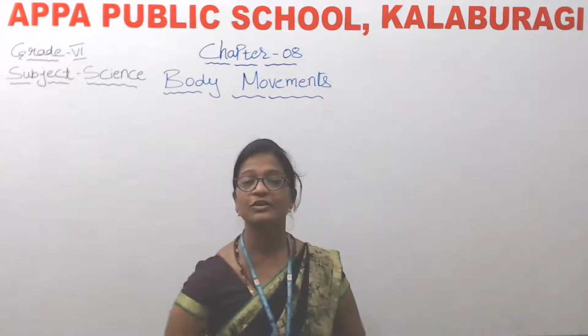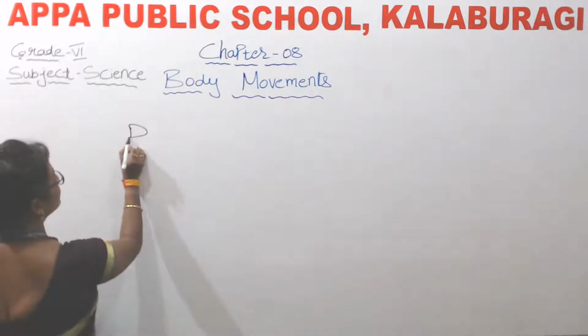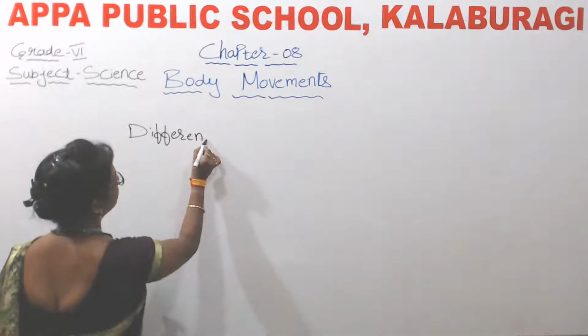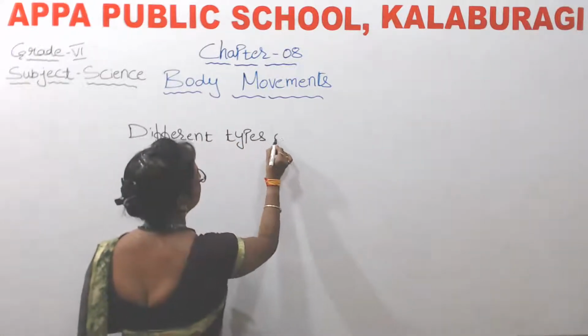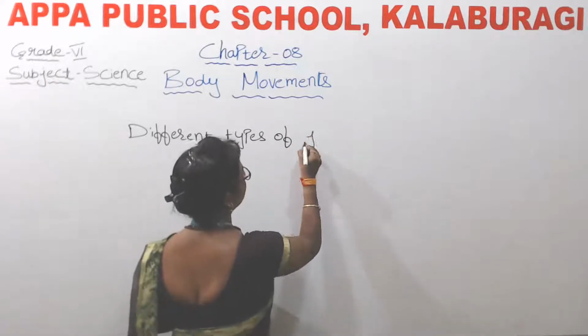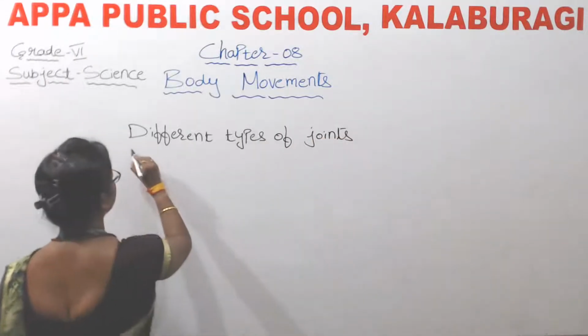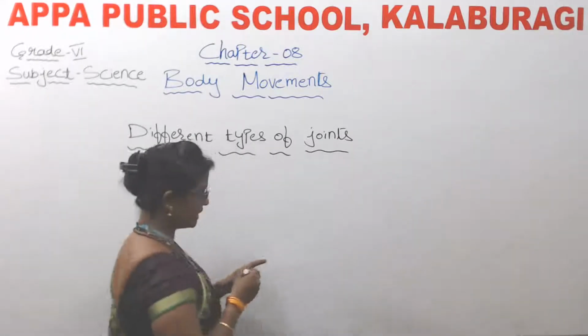Just recall, children, which are those? Which are the different types of joints present in our body?